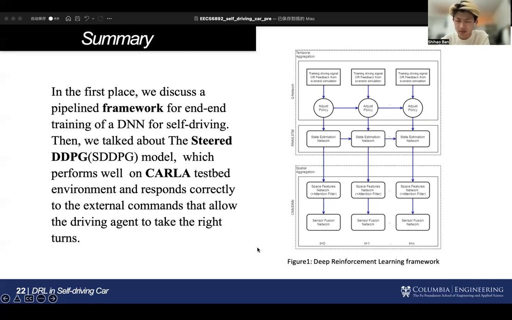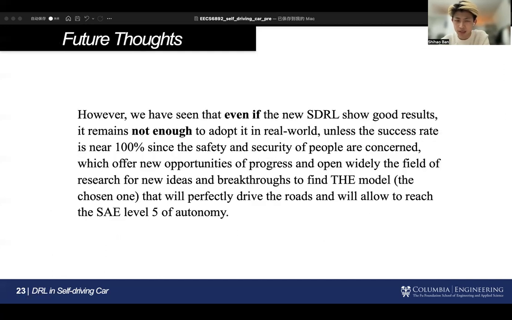Even so, I have more thoughts. Even if we have the new SDDPG showing good results, it's not enough to adopt in the real world unless the success rate is near 100%, since the safety and security of people are concerned.